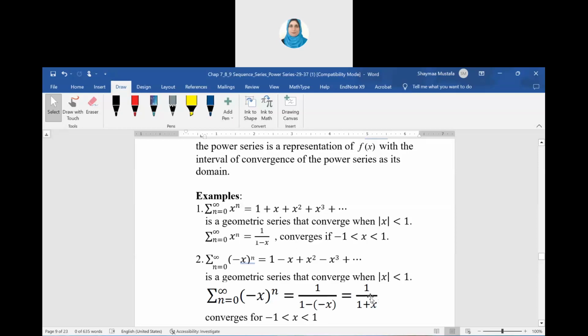Also, the function 1 over 1 plus x can be written as the power series 1 minus x plus x squared minus x cubed and so on.